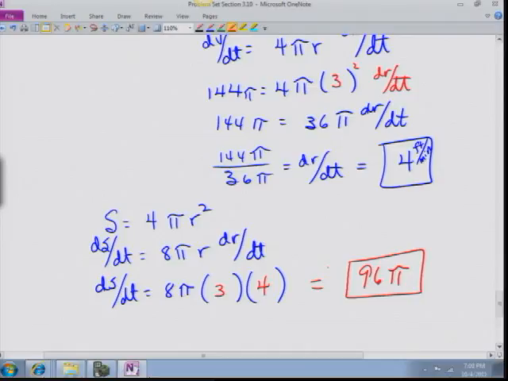And that rate is feet squared per minute, but it's given in there. So, the S equals 4 pi r squared, is that the surface area formula?